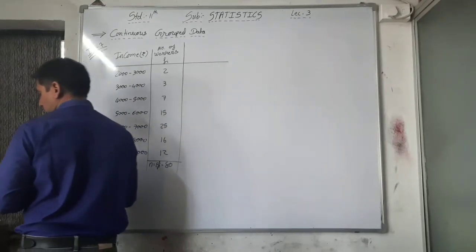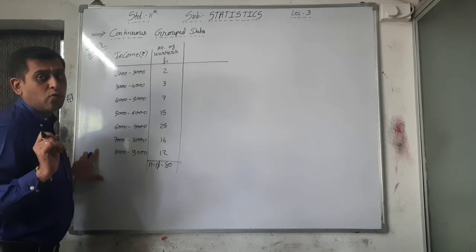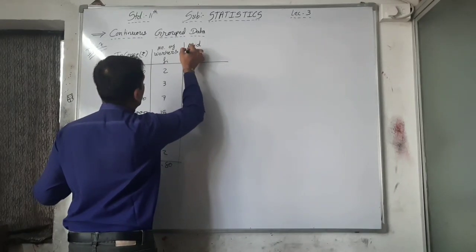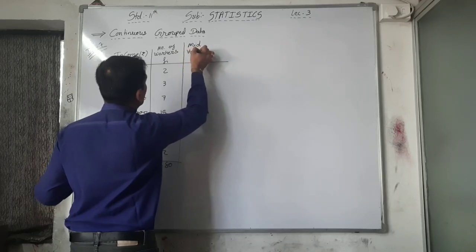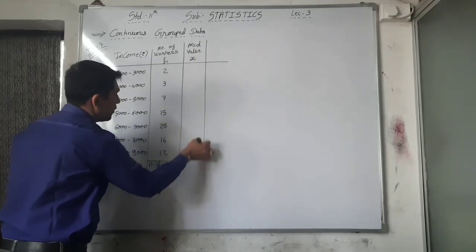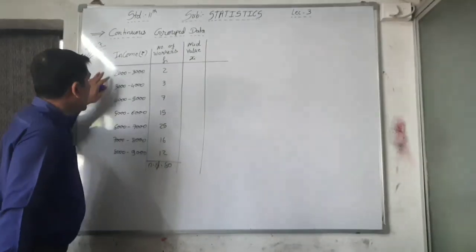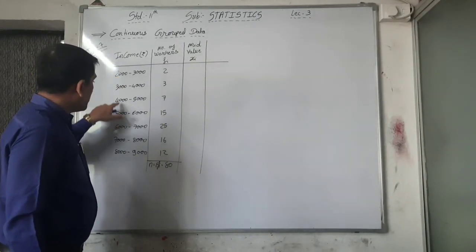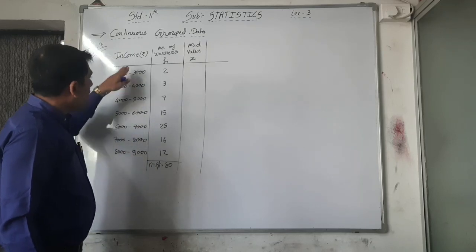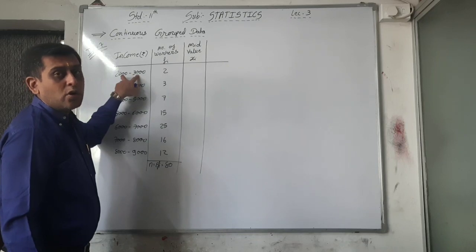Okay. Now see, whenever continuous grouped data is given, you have to find out the mid value. That is the first point. Then that is your Xi. What is the mid value? See, I told you that whenever a class is given, this one is the lower class limit, this one is the upper class limit, and you have to add these and then divide by 2, that is your mid value.